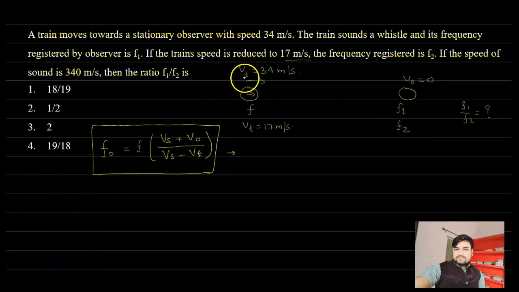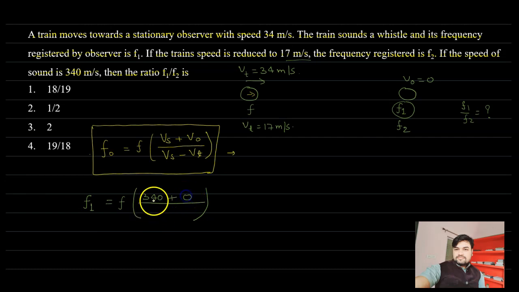Now in case 1, when velocity of the train is 34 meter per second, the observer observes the frequency f1. So we can write f1 equals f, the frequency of whistle, into velocity of sound 340 meter per second plus velocity of observer. Observer is stationary, so its velocity becomes 0.